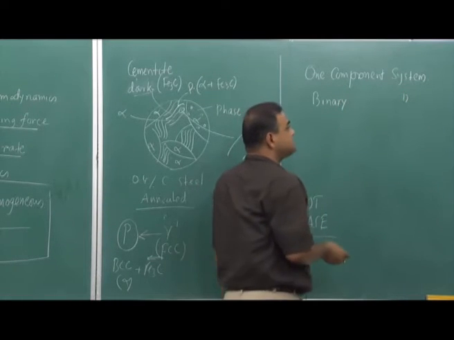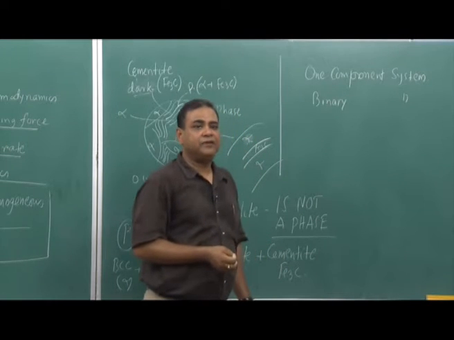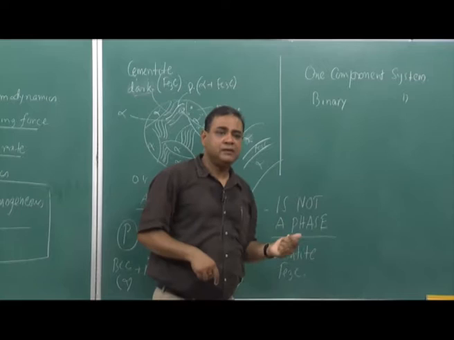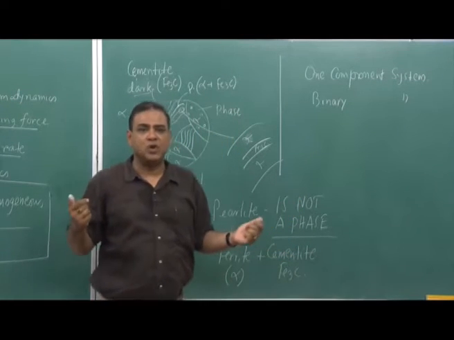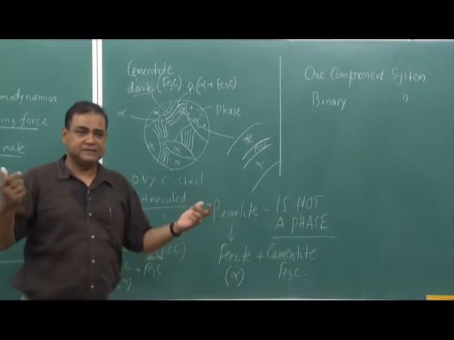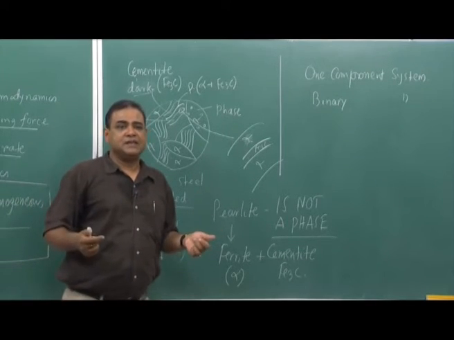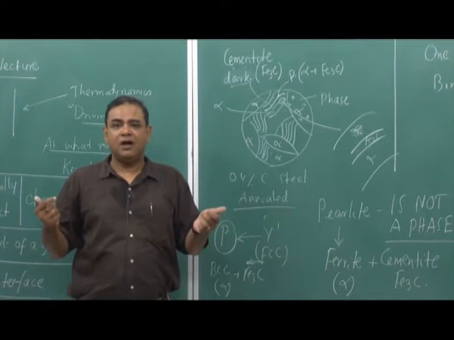Later on we would see that if there are two components, we call it a binary. If we have more than two components, we call it ternary, if it is three components. As we increase the number of components, things become complicated.